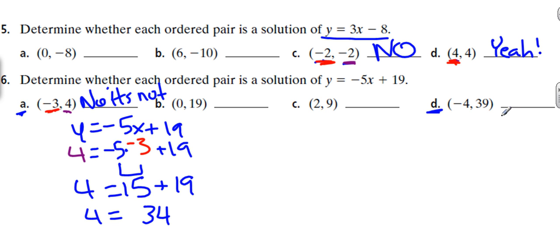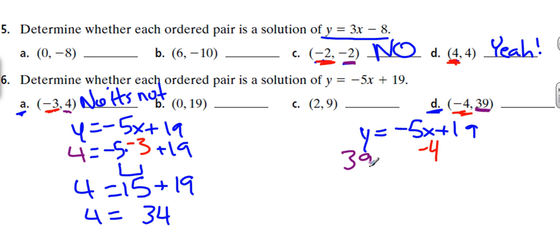Alright, let's try D. Same equation, y equals -5x plus 19. This time x is -4 and y is 39. So we bring the rest down. -5 times -4 plus 19. -5 times -4 is 20.